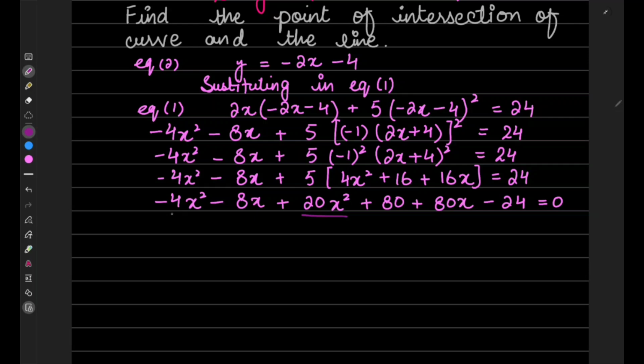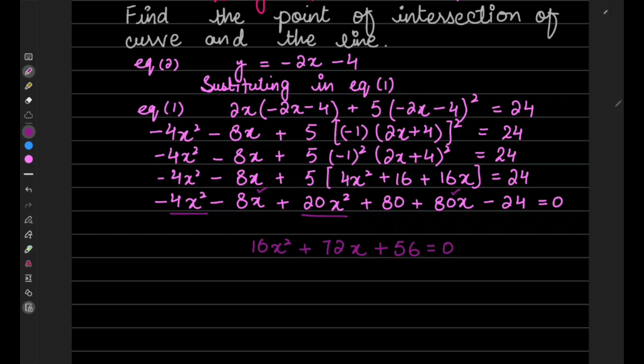For the x² terms, we are left with 16x². Then the x terms, we are left with 72x. For the numbers, 80 minus 24 is 56, plus 56 equals 0. So this is your quadratic equation.